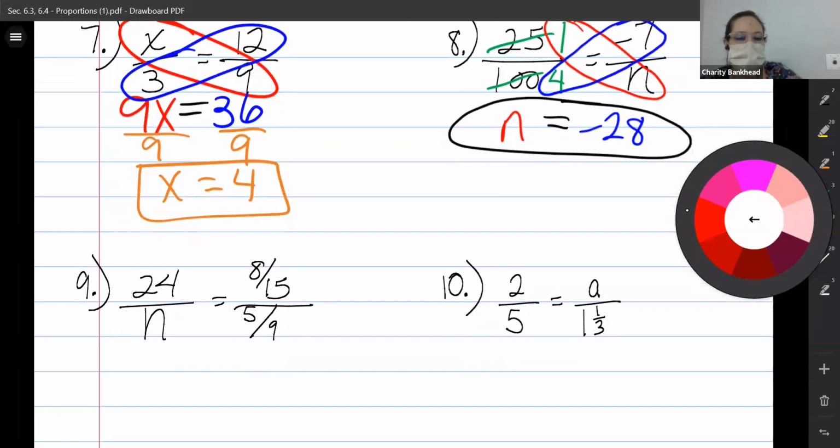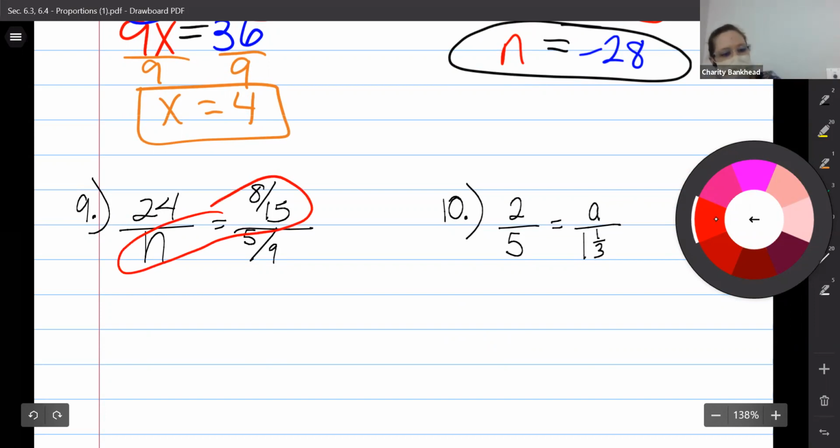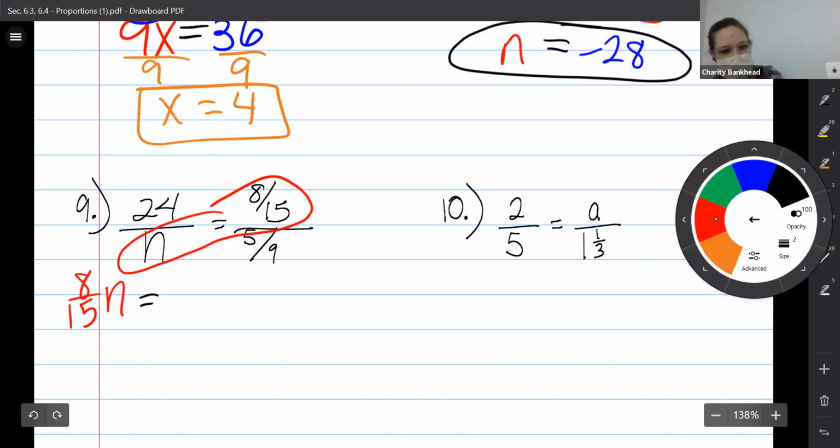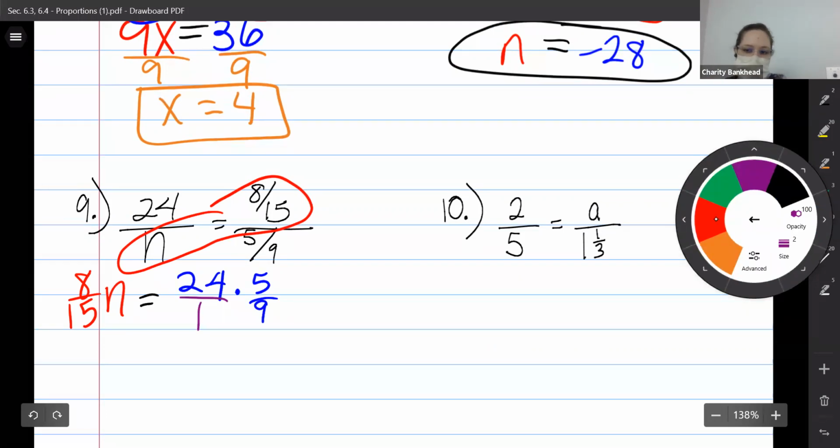All right, number 9, I'll go ahead and just do the cross multiplying. So 8/15 n equals 24 times 5/9. 24 is the same thing as 24 over 1. Let's see if I can reduce a little bit. 3 goes into 9 3 times, and 3 goes into 24 8 times. Then 8 times 5 is 40, and 1 times 3 is 3.